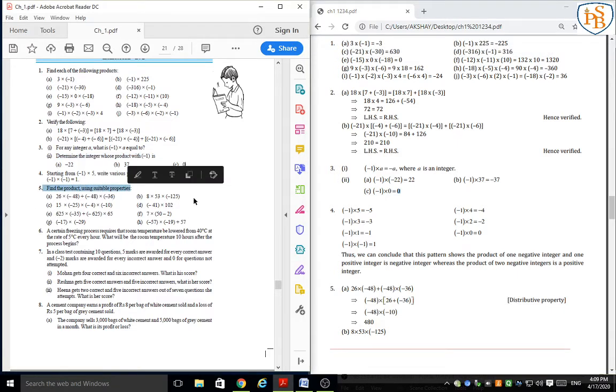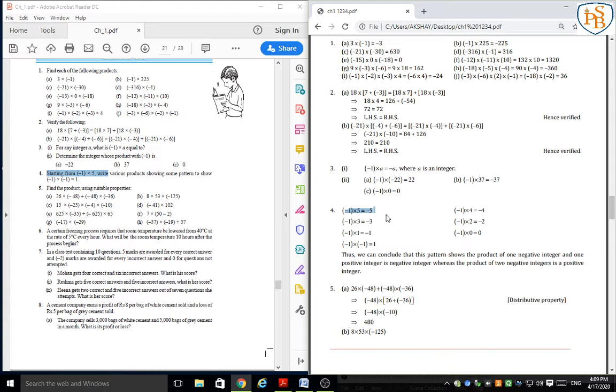Before that, question number 4: starting from negative 1 into 5, write the various products and see the pattern, then negative 1 into negative 1 is equal to 1. They already told us to start from negative 1 into 5. Negative 1 into 5 is equal to negative 5, negative 1 into 4 is negative 4, negative 1 into 3 is negative 3, negative 1 into 2 is negative 2, negative 1 into 1 is negative 1, negative 1 into 0 is 0, and negative 1 into negative 1 is equal to 1.